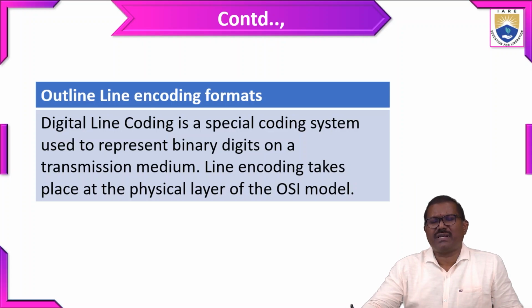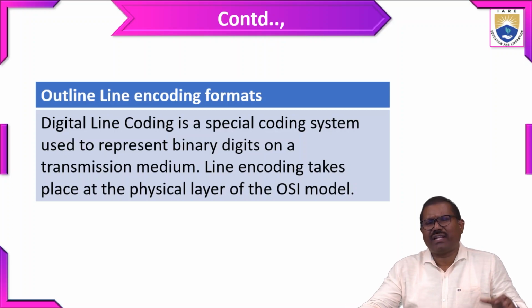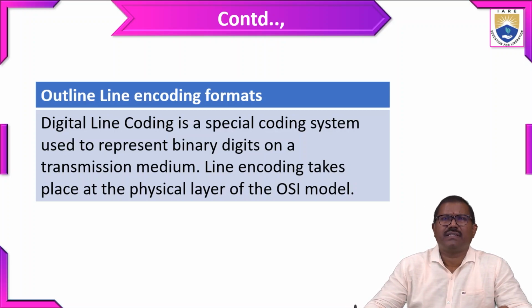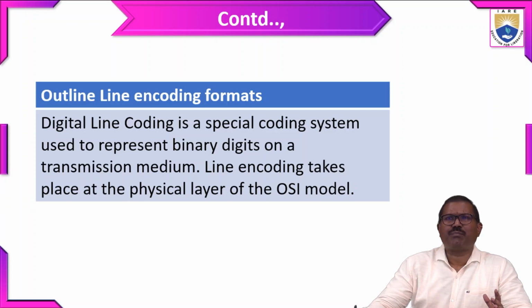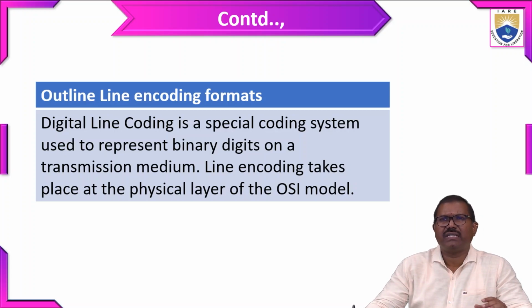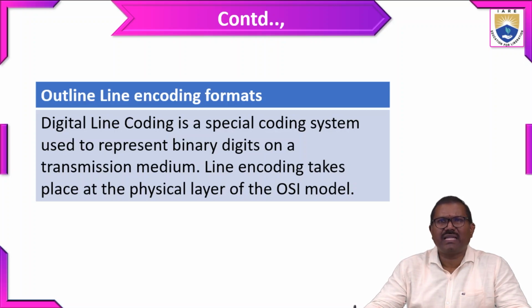Here there are different formats like NRZ, RZ, Manchester, and on-off line coding. So it is an electrical representation in the transmission medium. Okay. So digital line coding is a special coding system used to represent binary digits on a transmission medium.